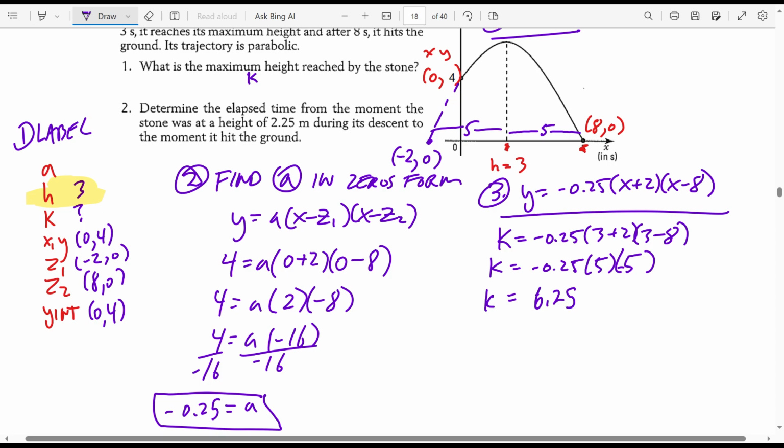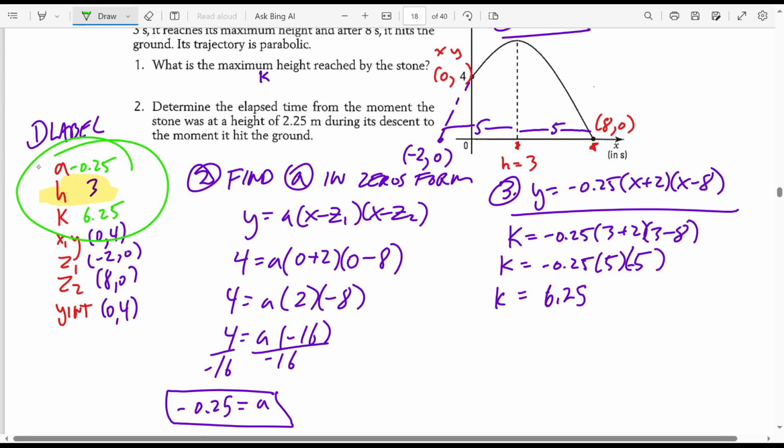Now I actually have my rule. I found this guy, negative 0.25, and this guy, positive 6.25. So now I can switch and work in a form that's going to be useful for me. So the maximum height, k, was equal to 6.25. That question's done.